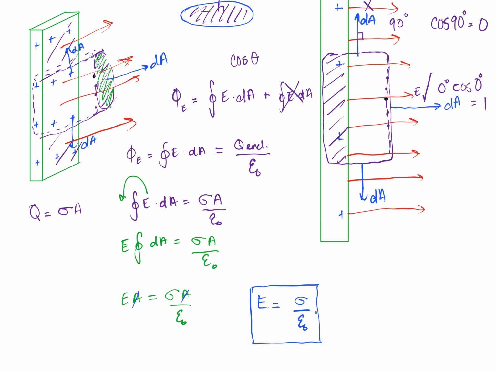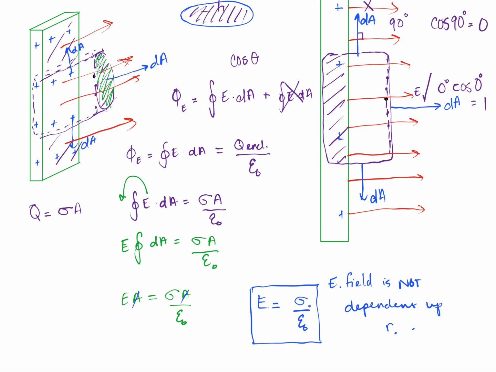Now, if you look at this, you see there's no variable that actually relates the distance away, right? So what we would say here is that the electric field is not dependent upon your distance away. So it's not dependent upon r in this case, right?